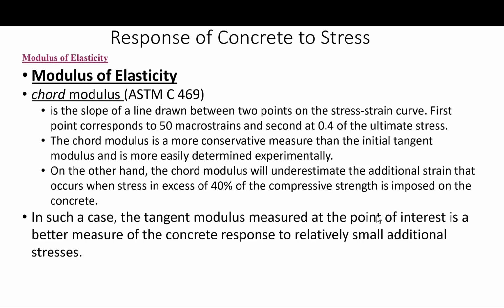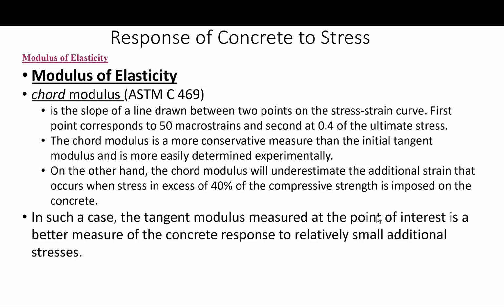And as I said, this strain is used as the lower limit for the chord modulus, which is the 50 microstrains, to avoid any error in the initial portion of the stress strain curve. The chord modulus and the secant modulus determined at 40% of the compressive strength will not be very different. Remember that. But, as I said, the chord will be more precise.